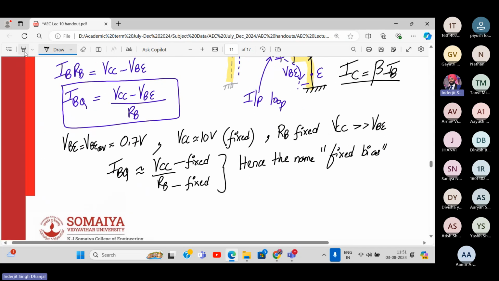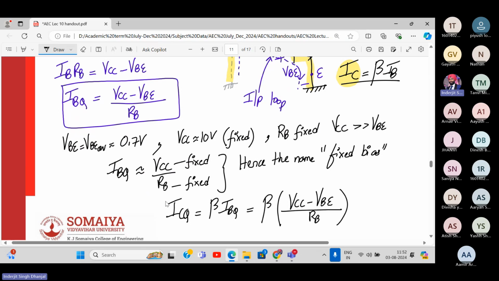Now we want to find ICQ because that is the Q point. So how will you find ICQ from IBQ? So ICQ will be beta times IBQ, which is equal to beta times VCC minus VBE upon RB. So that's how you find ICQ. So this is first expression.